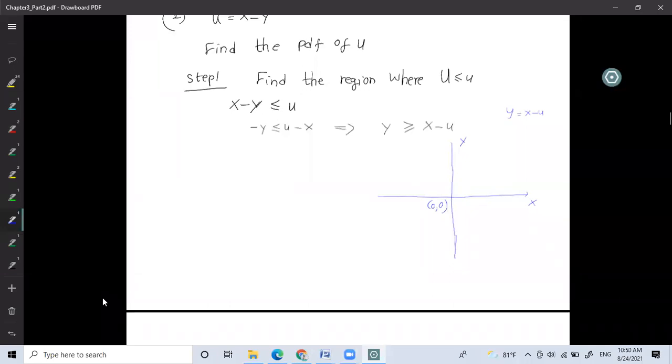So how will it look? Like this, right? So here's our intercept. So what will be the two places where it crosses? Maybe I should draw it in a better way.